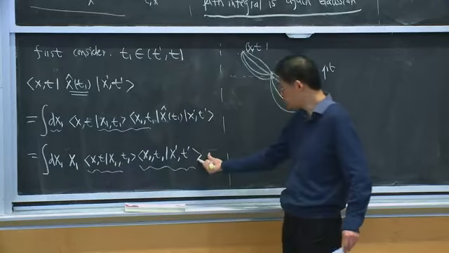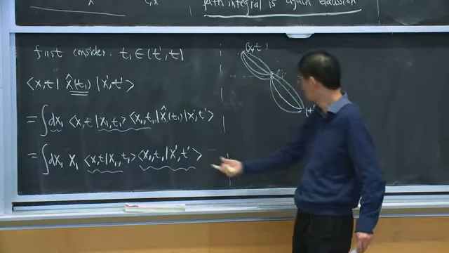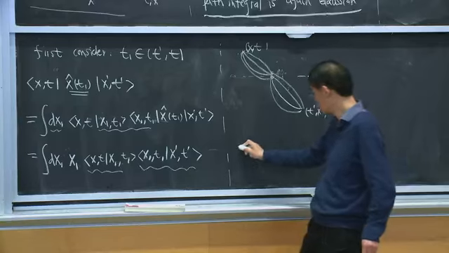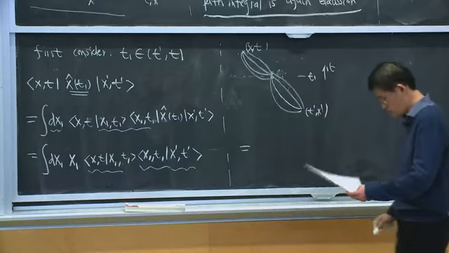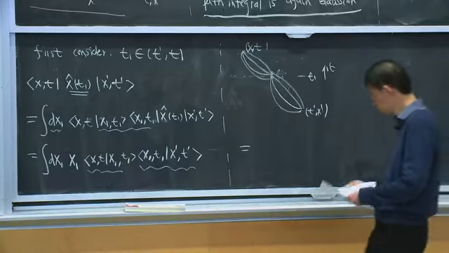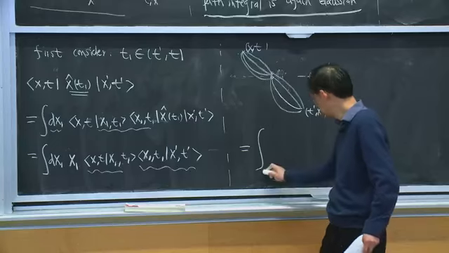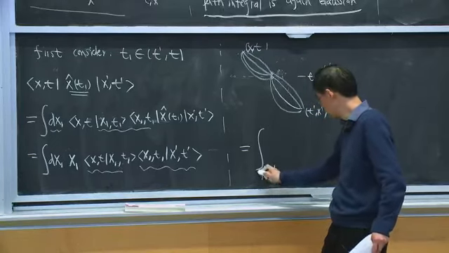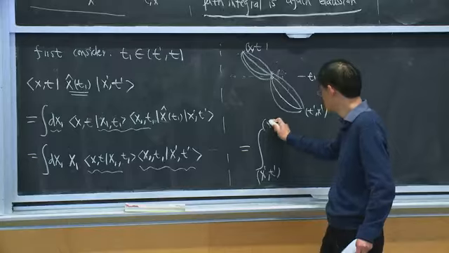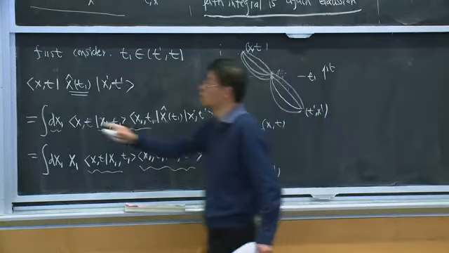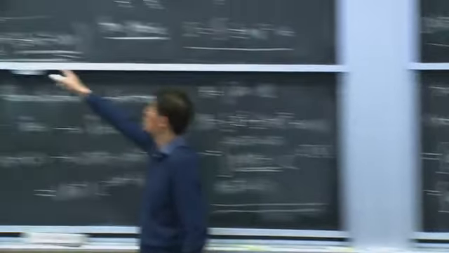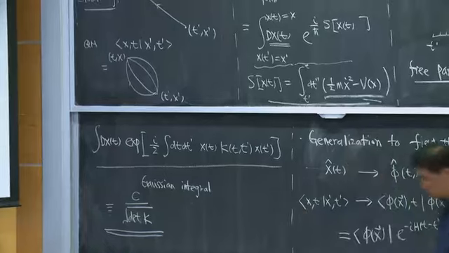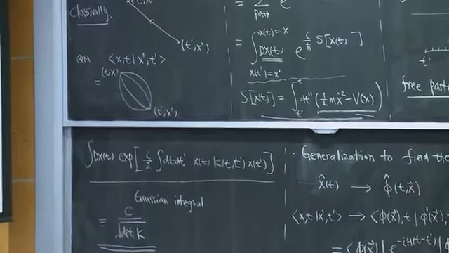And now we can immediately write down, using the path integral, what this object is. I will use a simplified notation: write x prime t prime, xt to be those limits, and then again we integrate over all possible paths between them.